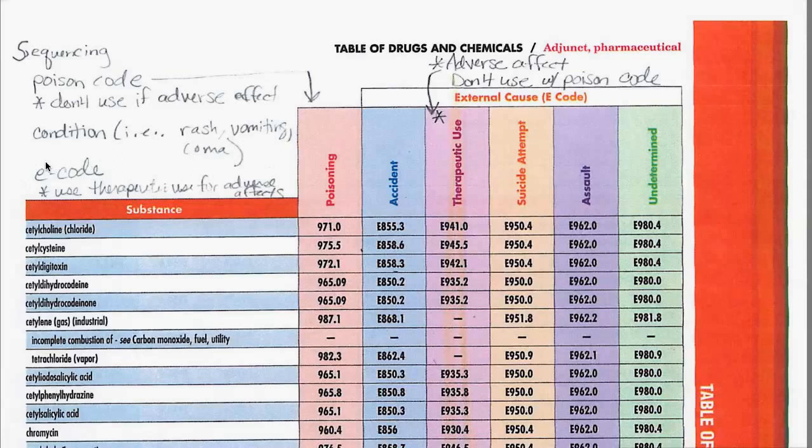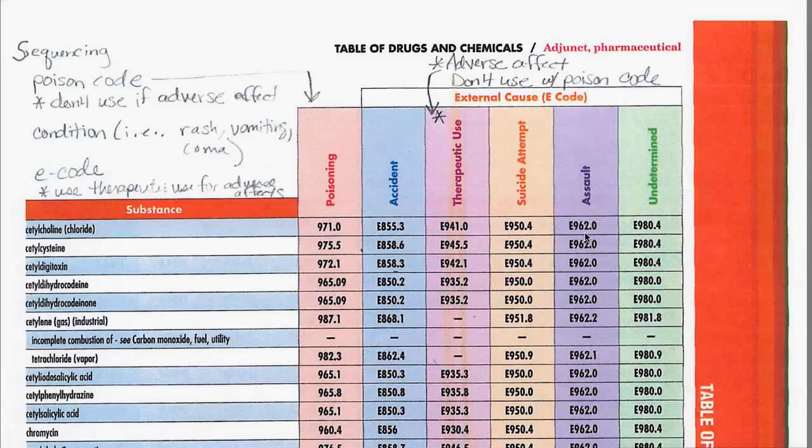And then the last piece is the E code. Now if the documentation said it was definitely a suicide, we're going to pull from this column. So we would code E95.0. If it's a suspected suicide, we're going to code E980.4 because it's undetermined. If the documentation says, oh, the spouse is poisoning the coffee, that's an assault.